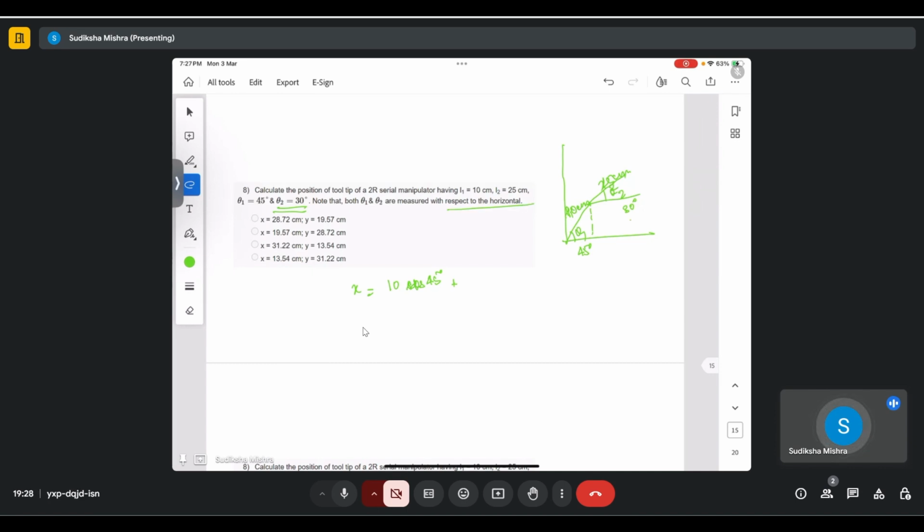So 30 degrees is no longer theta 1 plus theta 2. 30 degrees is the actual angle with the horizontal. So we can assume this to be L2 cos 30.